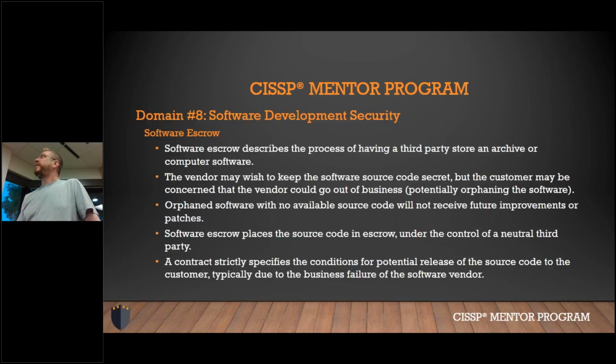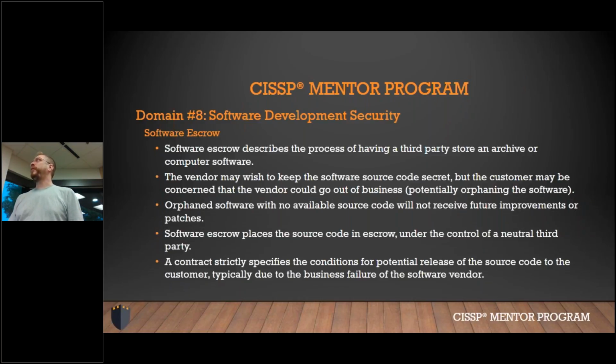Software escrow, talked about that. It's having a third party store an archive of computer software in case the developer or the company goes out of business. Concerns, right? Orphan software is when that happens, when the company goes out of business. They're no longer receiving security updates. That's a problem.